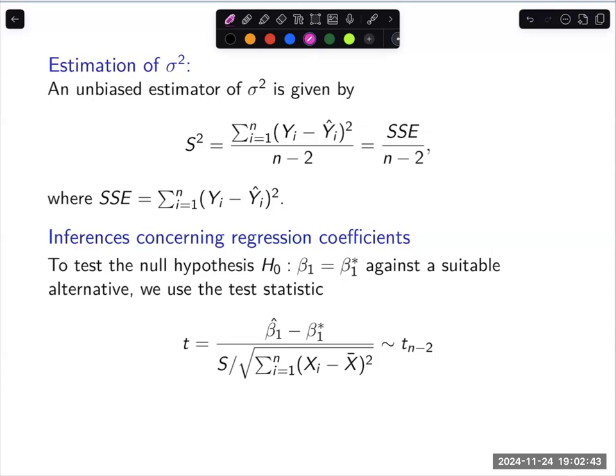As you can see here, we need the unbiased estimator for sigma square in order to build the corresponding test statistic. And this test statistic follows the t distribution with n minus 2 degrees of freedom. With this t statistic, we can conduct hypothesis testing to test whether beta 1 is equal to 0 or not, or put simply, whether we should assume a linear relationship in the data.